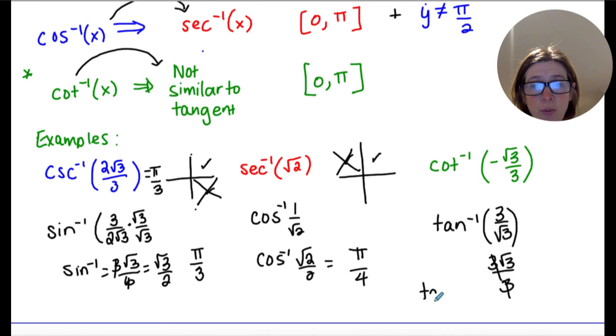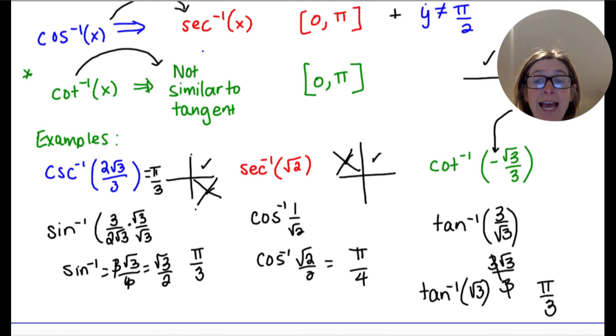So I'm looking for where tangent is equal to root 3, where the reference angle would be pi over 3, except I want a negative. So let's think about this. Cotangent exists between 0 and pi, and it's positive in quadrant 1, so it would be negative in quadrant 2, so it would be 2 pi over 3.